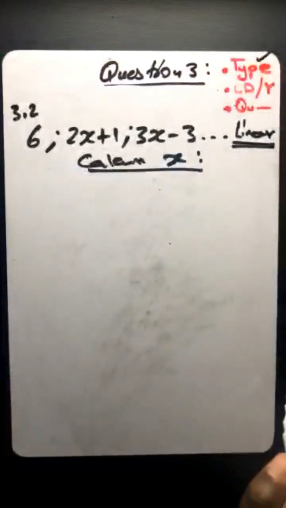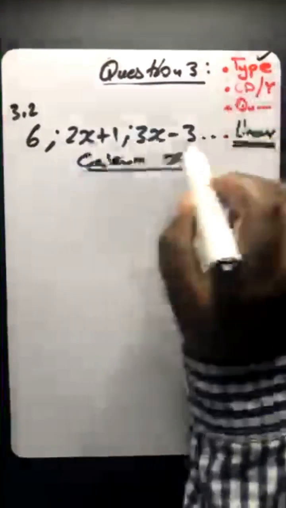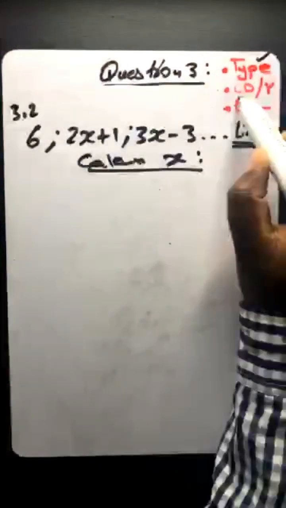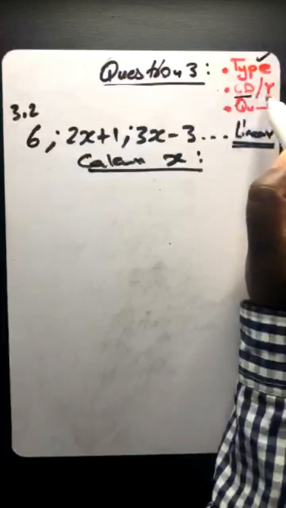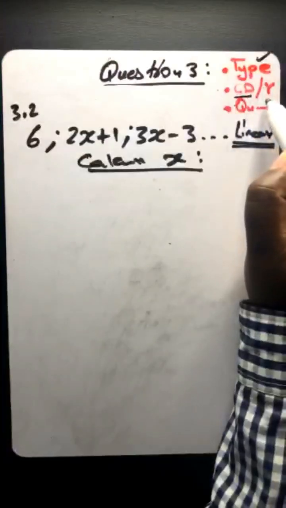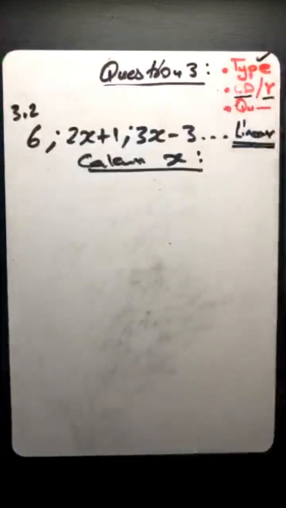Remember I said, before I even start looking at the questions, what do I do? Now that I know the type, what are we having? Are we having the first common difference, the second common difference, or the ratio? What are we having there? Anyone to tell?